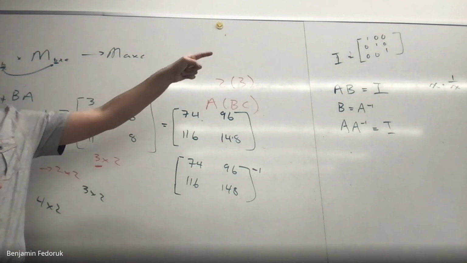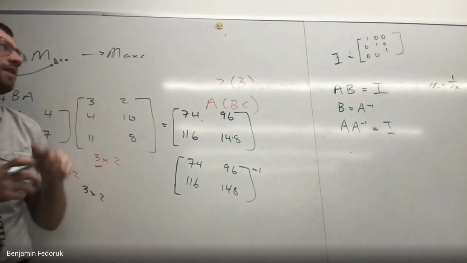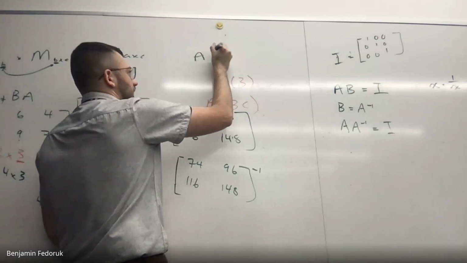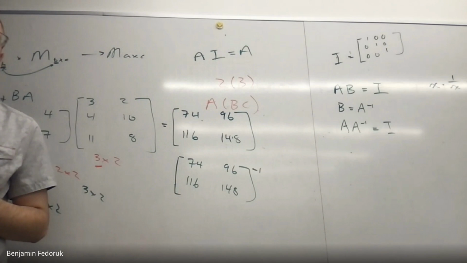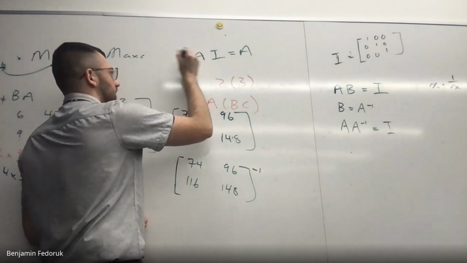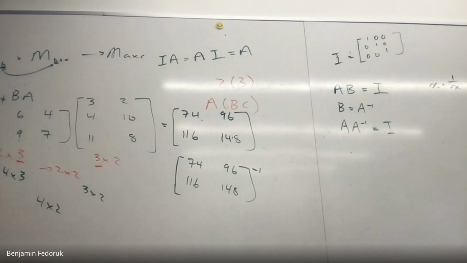If you multiply that matrix by any other matrix, say A times I, it'll always give A back. And the same thing the other way around, I times A. So it's kind of like 1, in the sense that multiplying by it does nothing. Does that make sense? Cool.